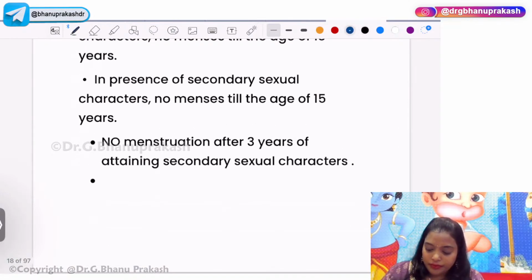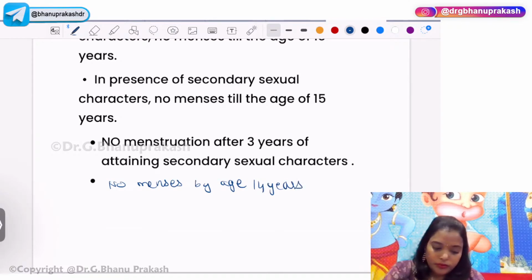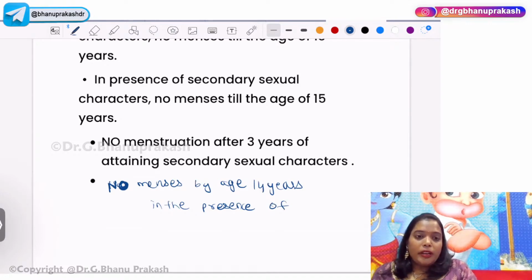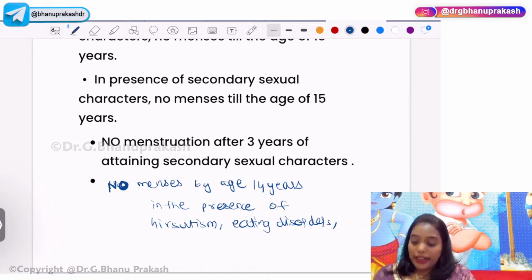And no menses by age 14 years in the presence of hirsutism, eating disorders, and one more, excessive exercise.